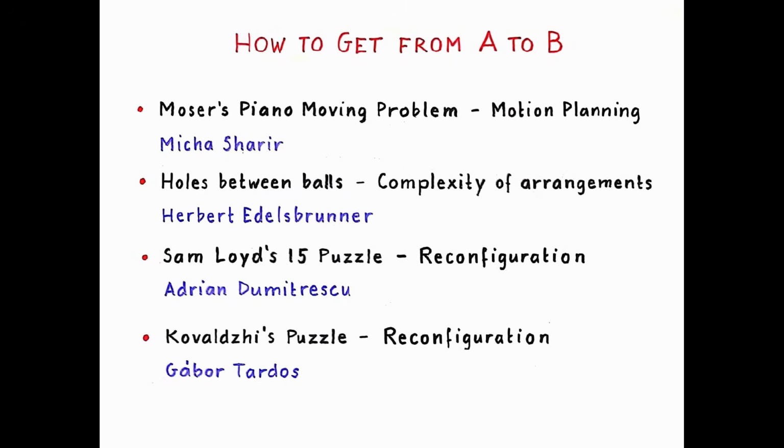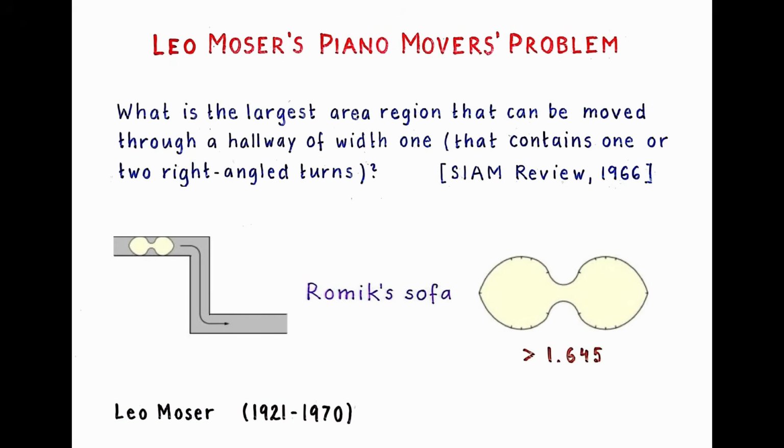So the first one is Mozart's piano moving problem, which is interesting because I heard this problem as the piano moving problem, but in the last 20 years, usually it was referred to as the sofa problem. I think you will see the reason in a minute. The problem is very simple.